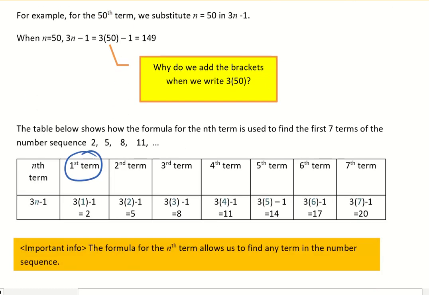All you need to do is to replace the letter n with 1. This was the formula given, 3n minus 1. So change the n to become 1, and we get 2. For the second term, just change the n value to become 2. Put it in your calculator, you get 5, and so on and so forth. So this works for all the terms that we saw in the pattern earlier on.